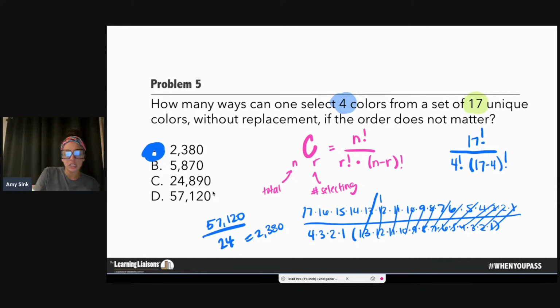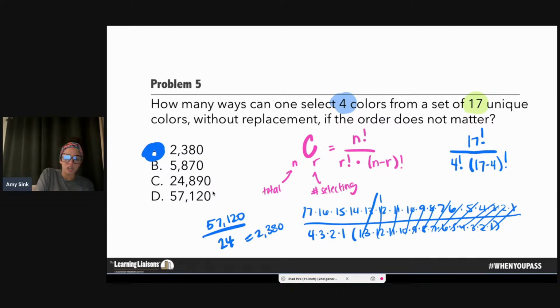So some of you are wondering, what's the difference between this and a permutation? A permutation cares about the order, and a combination does not. So a combination means that order doesn't matter, and a permutation means that order does matter, which allows for more opportunity.